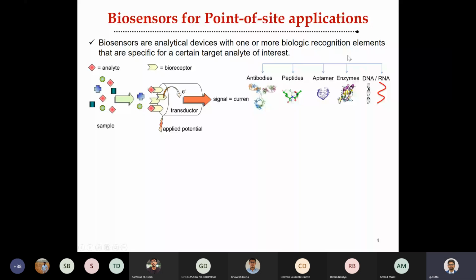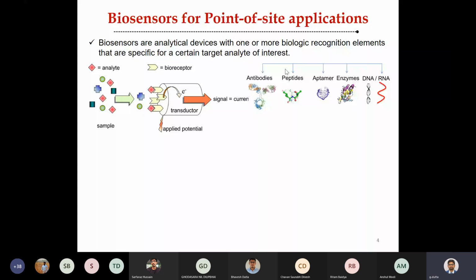What is the biological recognition element? It is the bioreceptor that the disease marker can bind with.